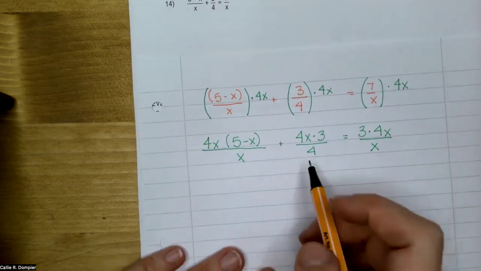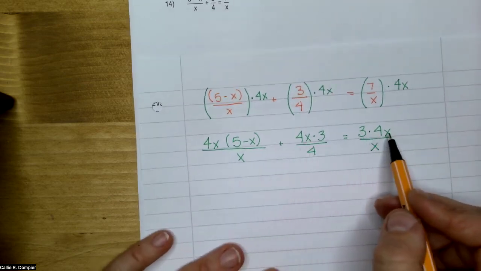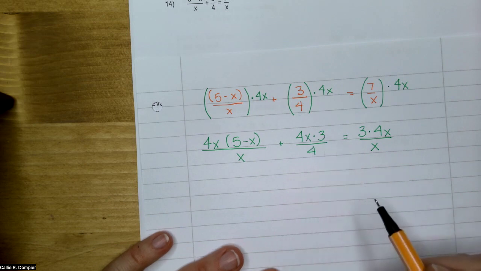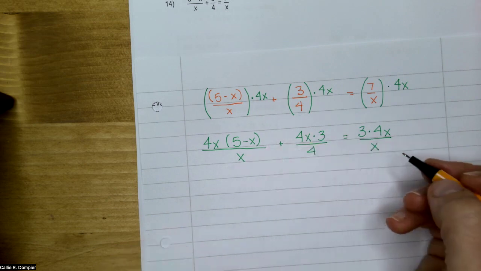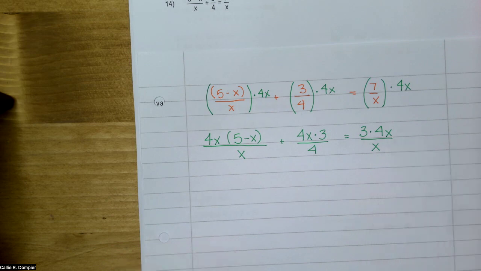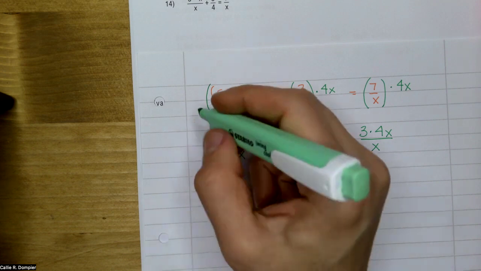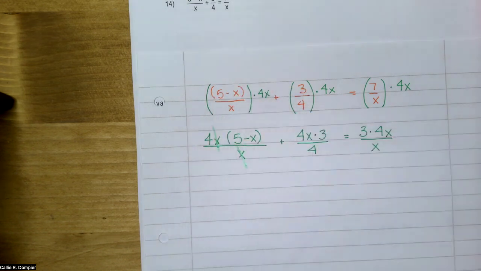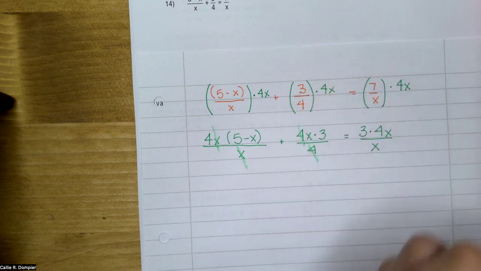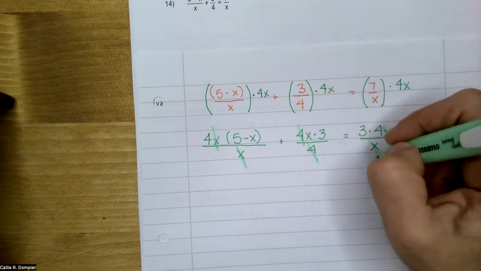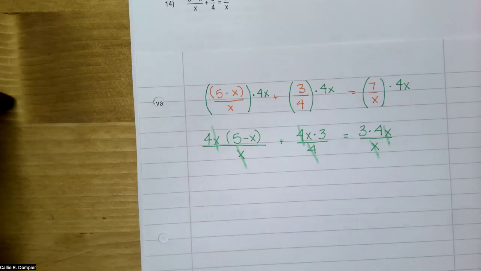Before you even simplify 3 times 4x or 4x times 3, this is already factored to some degree, right? So it's factored, and if while it's factored you can see that you can cancel out the denominator, do it right then. So that x cancels out that denominator, that 4 cancels out that denominator, and that x cancels out that denominator. What are we left with?